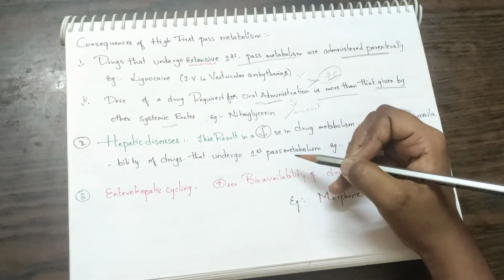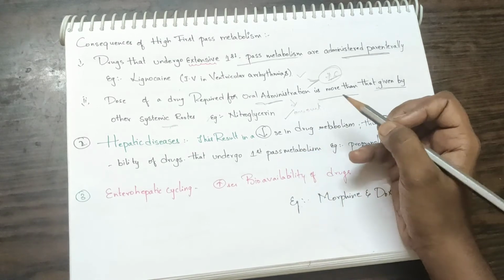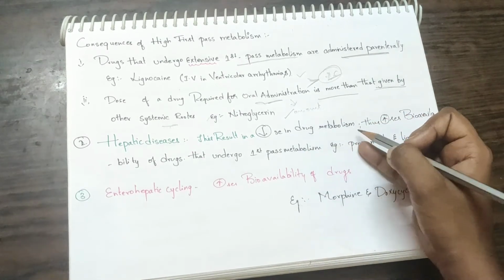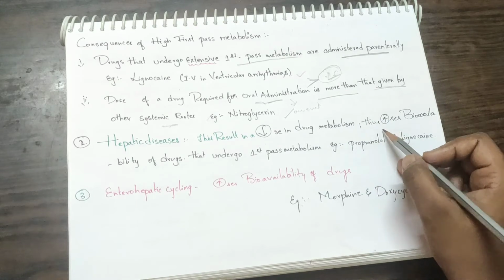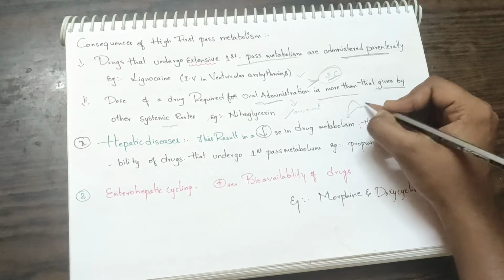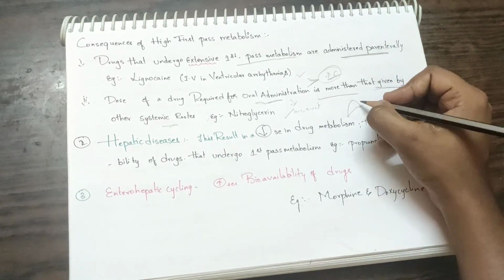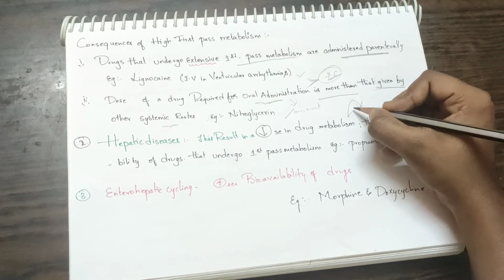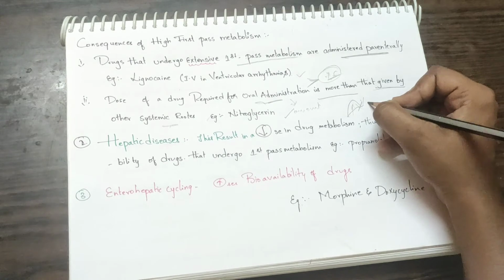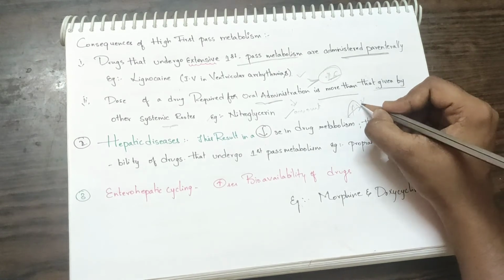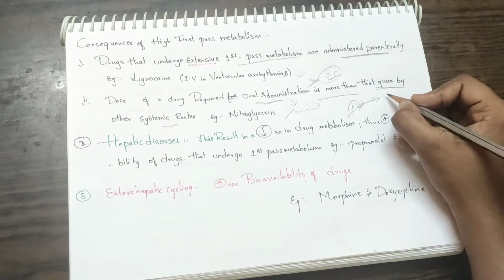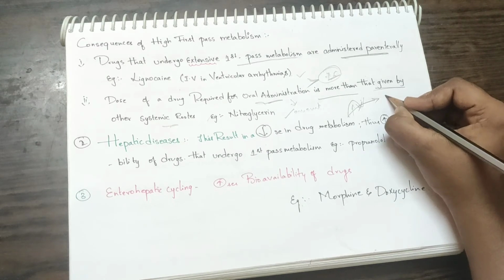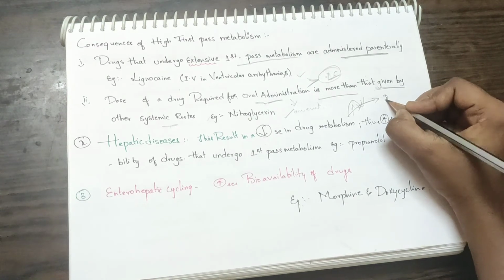And hepatic diseases, as I said previously, result in decreased drug metabolism. If the liver is not working properly, it does not take up much of the drug, so the drug reaches the systemic circulation.